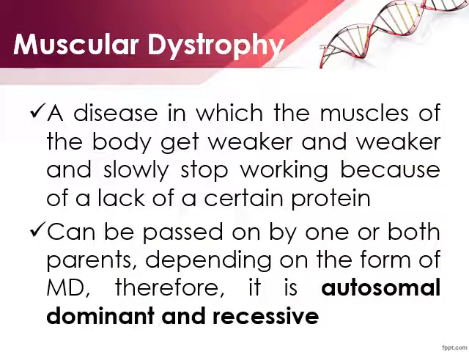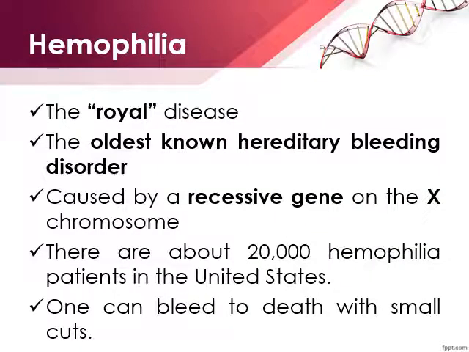Muscular dystrophy, the muscles of the body get weaker and weaker and slowly stop working because of the lack of a certain protein. It is considered an autosomal dominant or autosomal recessive disorder. Hemophilia, it is a royal disease. The oldest known hereditary bleeding disorder is caused by a recessive gene on the X chromosome.